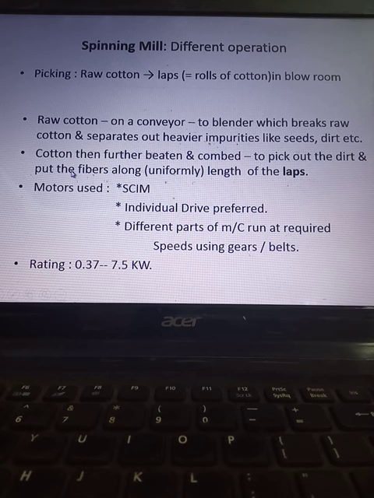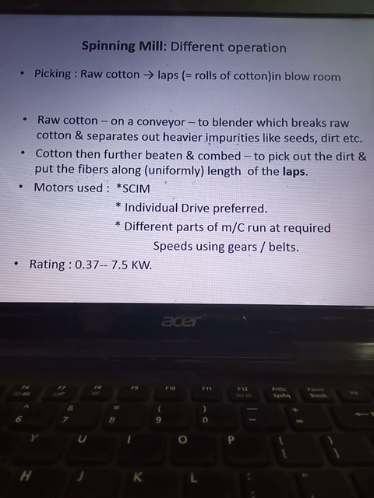It will be with teeth, and here it is done to pick out the dirt and put the fibers along the length of the laps. We comb our hair for that purpose only, to put them along the length in the combing direction.